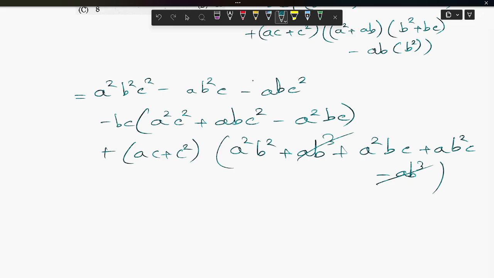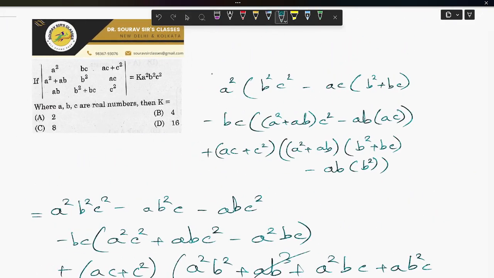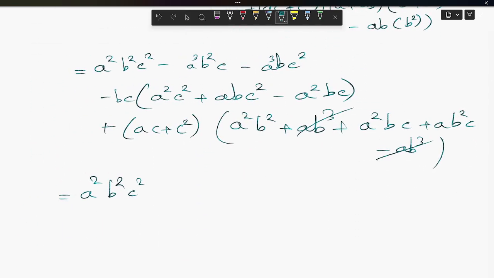So now we have A square B square C square. Okay, so we are getting, yeah, a cube here, and again we will get a cube here. So now that is correct.